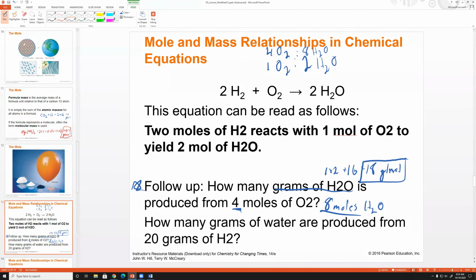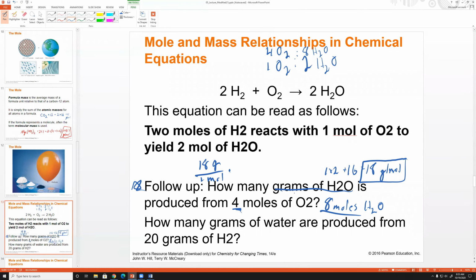Does that make sense? Okay, so 18 grams per mole. So this means that for every 1 mole, there is 18 grams. So write that down: 18 grams over 1 mole.